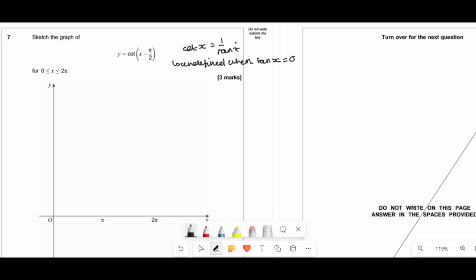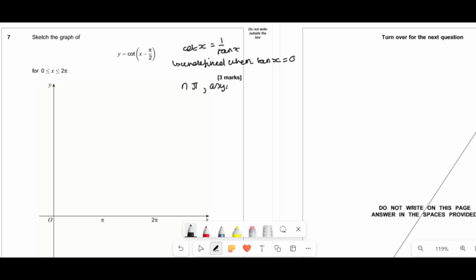Because if we look at, for example, tan graphs, tan pi is 0, tan 2 pi is 0, tan 3 pi, 0, 4 pi, and so forth. So every 180 degrees, or every pi, you get an asymptote in the cot graph.